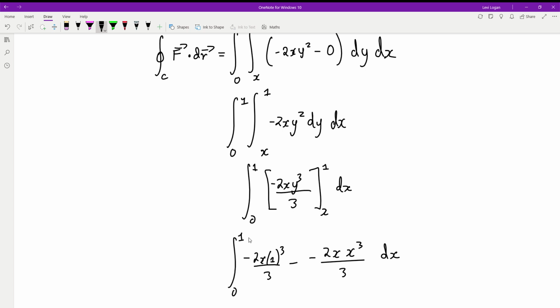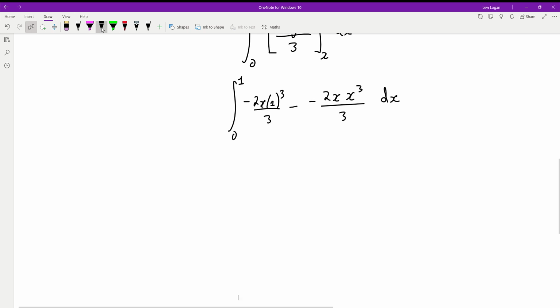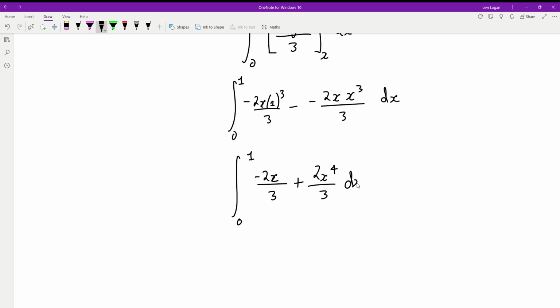Simplifying a bit more, from 0 to 1, this here is going to be negative 2x on 3. This turns to a positive because of negative and negative, so plus 2x to the 4 on 3, dx.